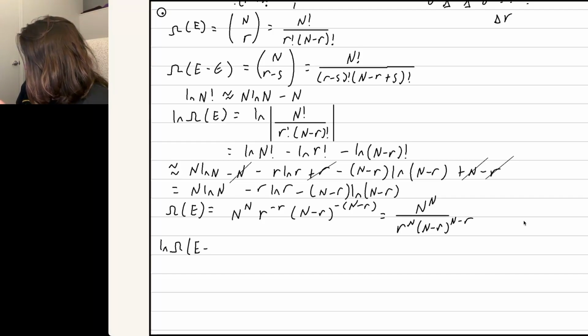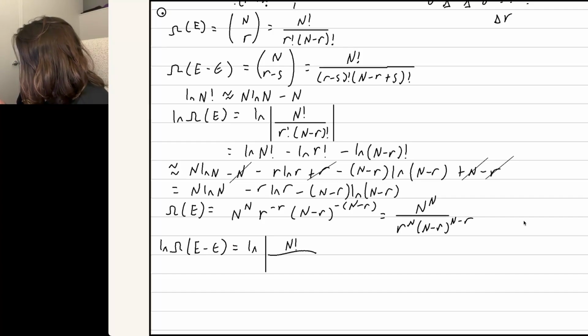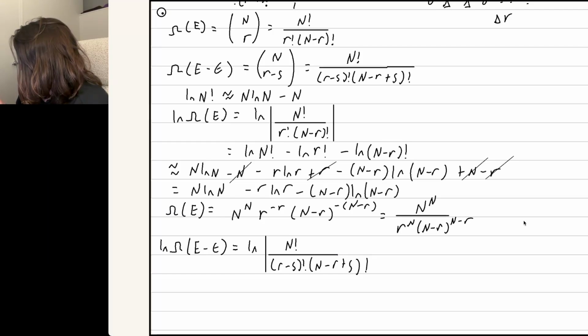So now looking back at the energy displacement term, taking the natural log of both sides is going to be very similarly natural log of n factorial over r minus s factorial times n minus r plus s factorial. Okay.